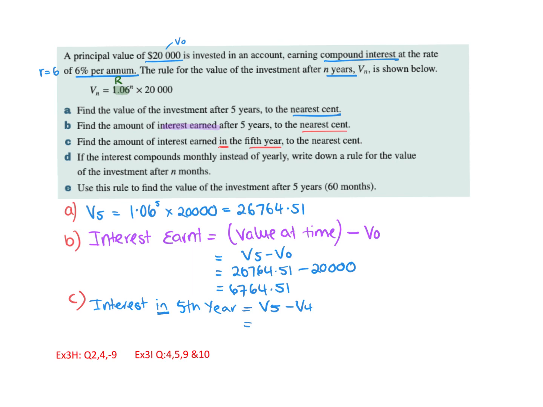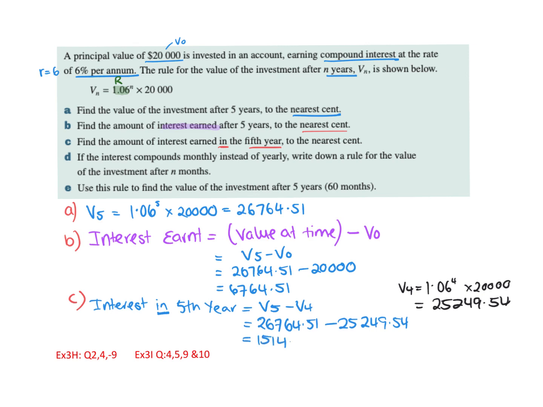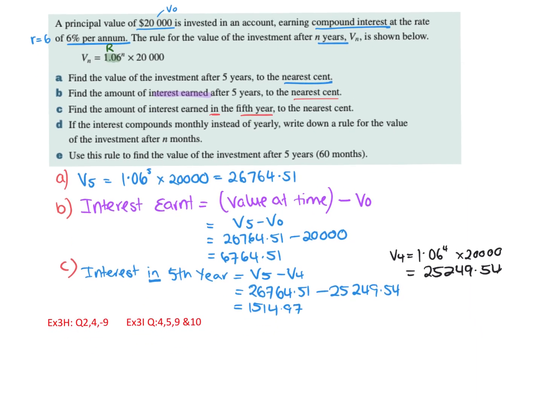So we had to go over on a side note, go find V4, which would be 1.06 to the power of 4 times 20,000. And we get 25,249.54. So then I already know V5 because they asked us to find that one. And then I'll minus V4. And just in the 5th year, they make 1,514.97. Okay? So that was that one.